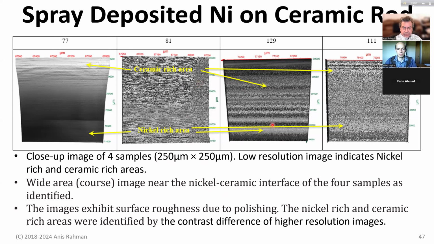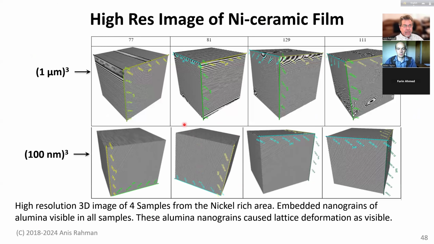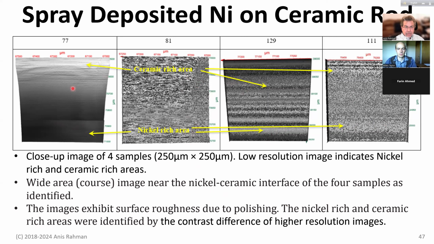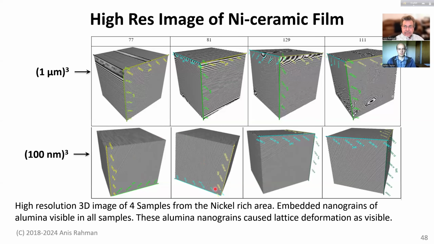Once we have identified that nickel-rich area, nickel-rich area, nickel-rich area, then we did the high-resolution measurement. So this is a coarse measurement. It takes less time to do.